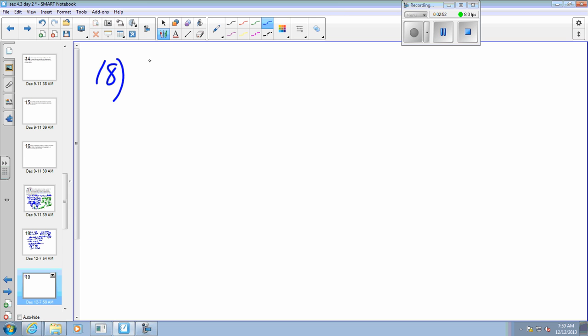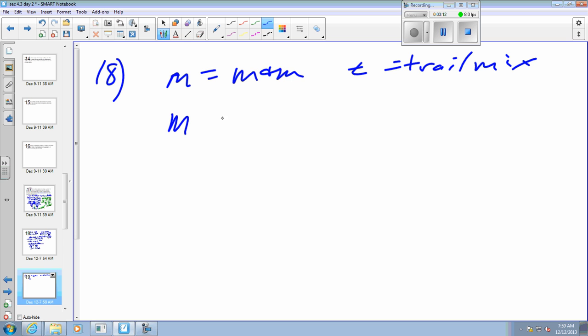Let's go crazy and go M for M&Ms, and T for trail mix. I know that we're going to add the two together and get 50 pounds. So the pounds of M&Ms plus the pounds of trail mix has to equal 50 pounds.